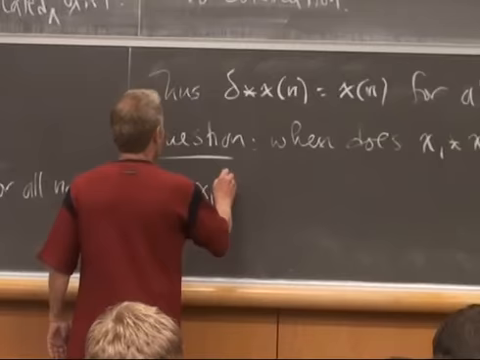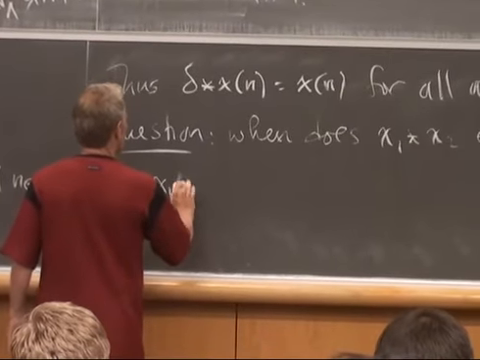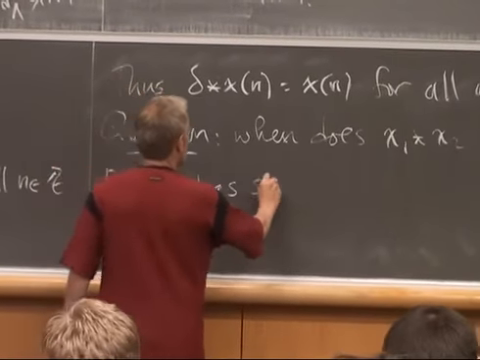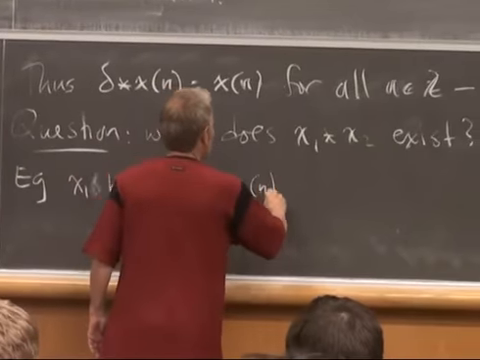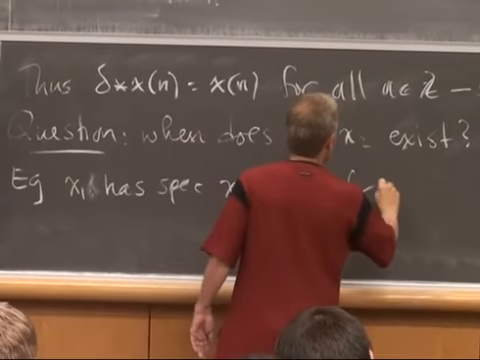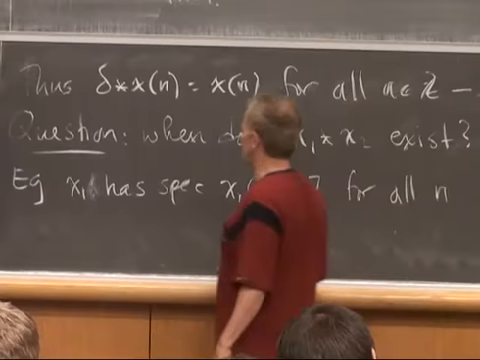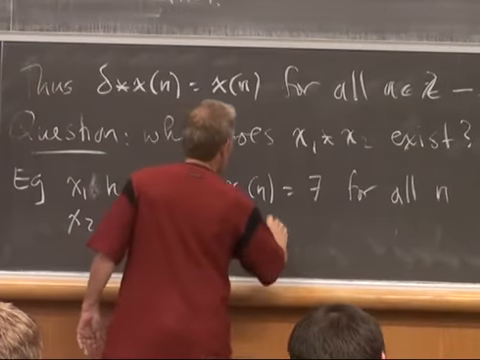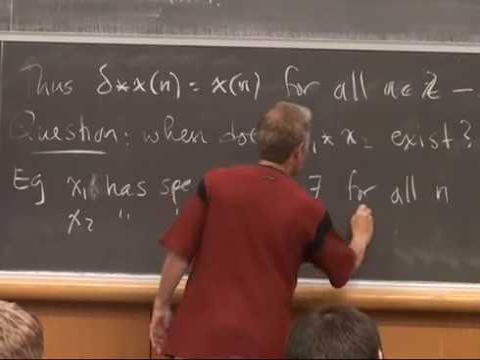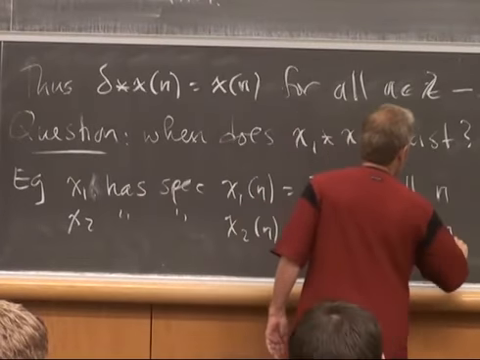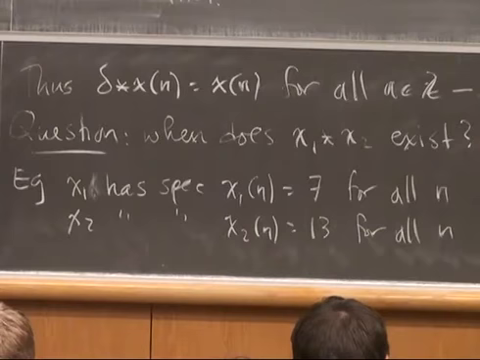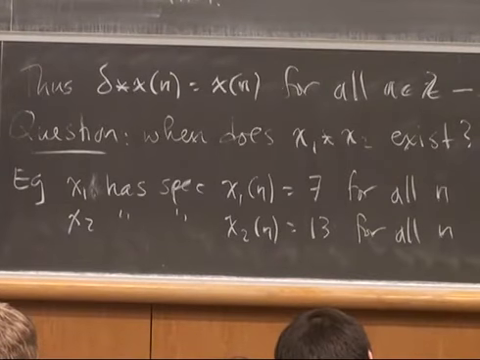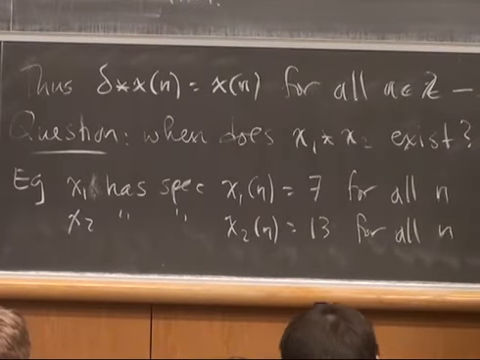So how about x1 is the signal with specification x1 of n is equal to 7 for all n. And x2 has specification x2 of n equals, say, 13 for all n. That's similar to Alex's example. If I try to compute the convolution of x1 with x2, what happens?